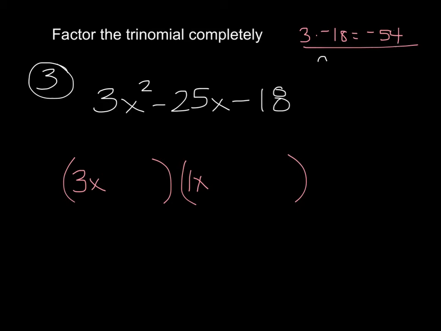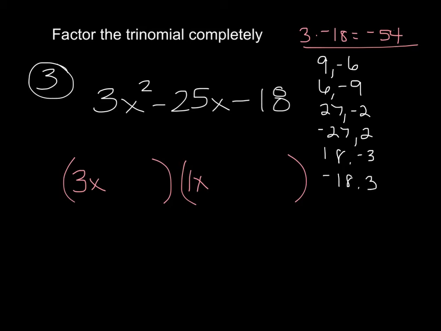So we have 9 and negative 6. We have 6 and negative 9. We have 27 and negative 2. Negative 27, positive 2. We have 18 and negative 3. We have negative 18, positive 3. We have 54 and negative 1, and then negative 54 and positive 1.